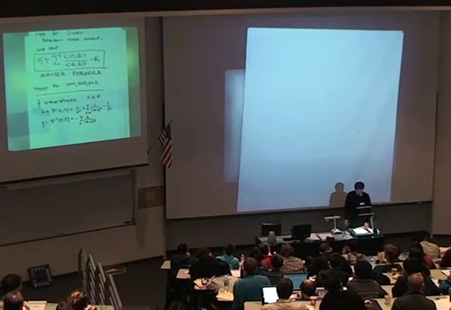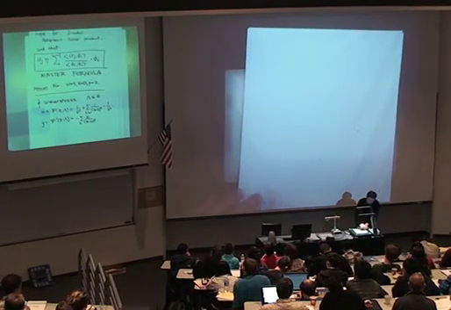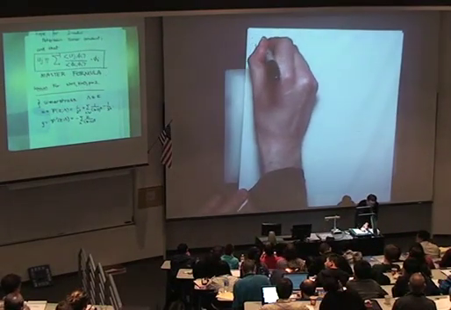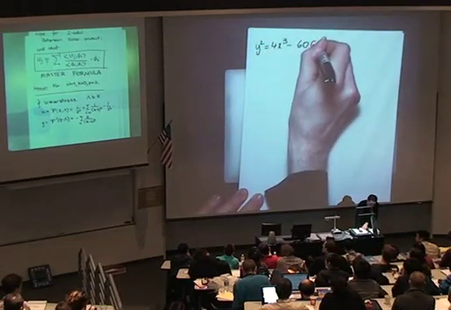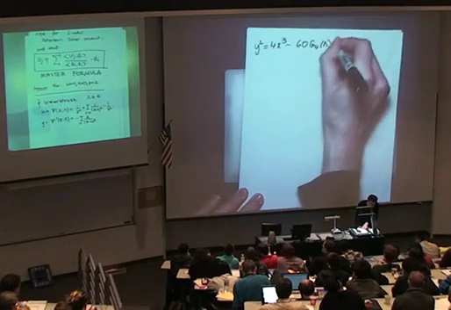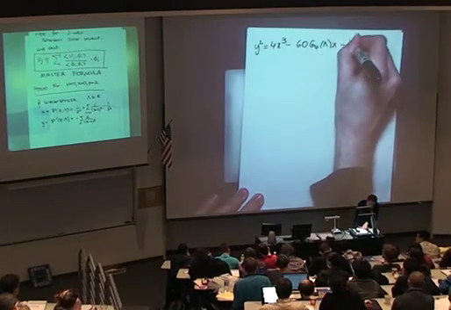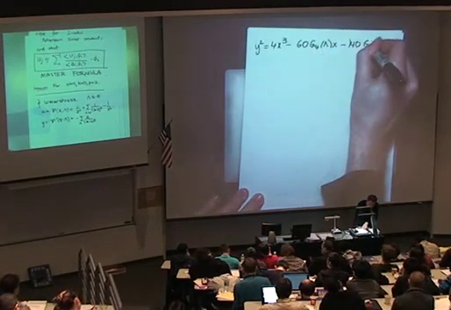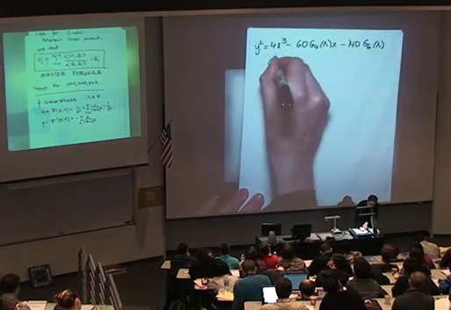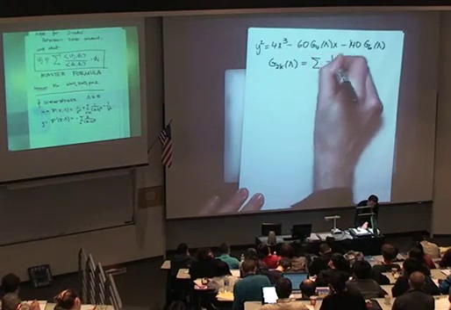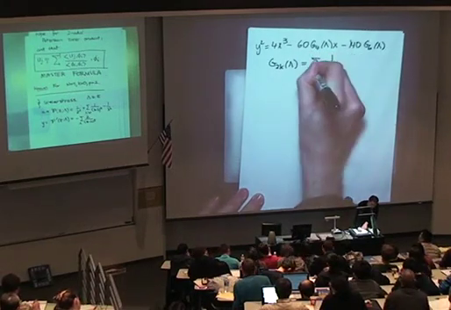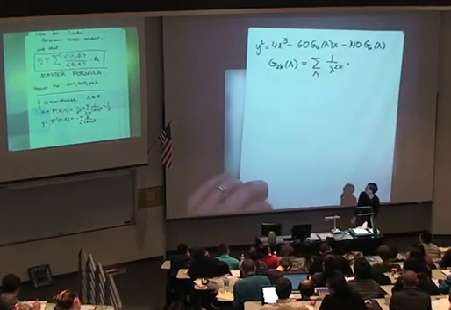And what is that equation? Well, it's given by y squared is 4x cubed minus 60 g4 of lambda, just a constant that depends on lambda, minus 140 g6 of lambda, where here g_{2k} is just defined as the sum of 1 on lambda to the 2k over the lattice.